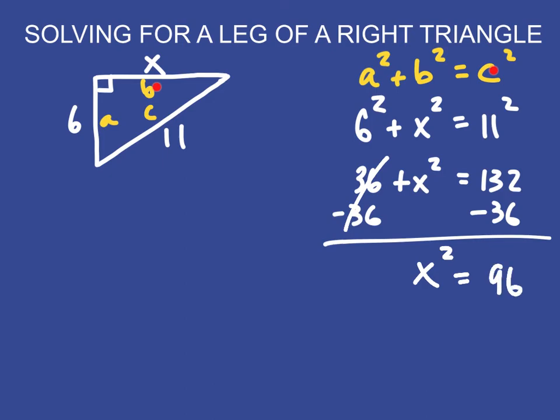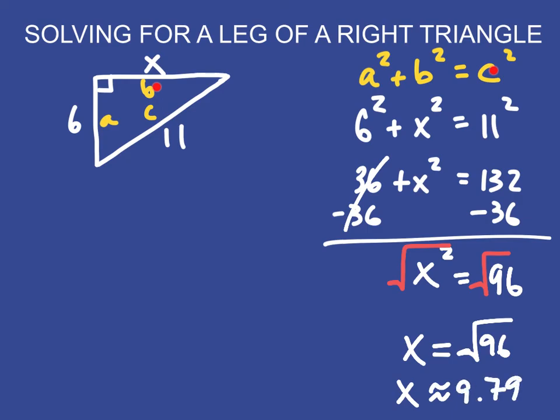Let's apply the square root and take that of both sides. When we take the square root of 96, we don't get a nice, neat number, but we can get an approximation. x is equal to the square root of 96, and x is approximately equal to 9.798 if we round that to 3 decimal places.